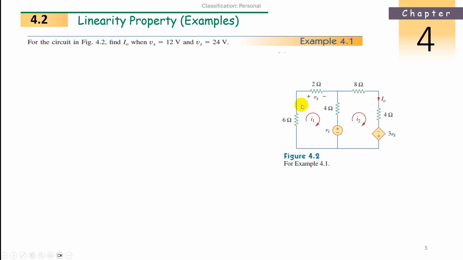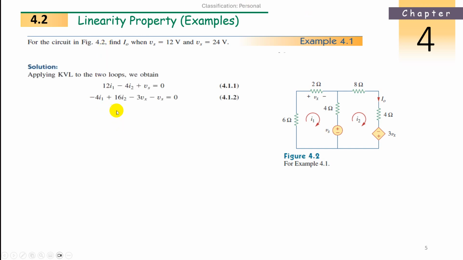So this is 12 I1 minus 4 I2, then the voltage source. The current is entering here, entering means plus Vs. We can write it like this: 12 I1 minus 4 I2 plus Vs. This is the first equation.